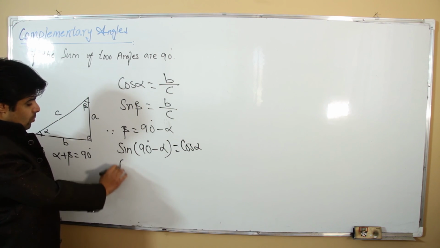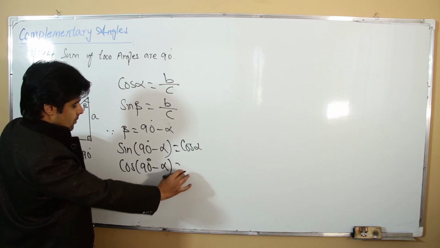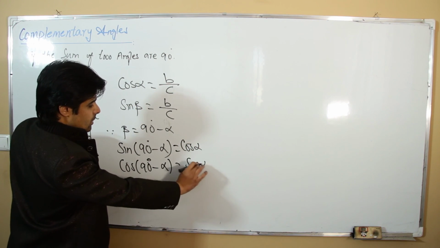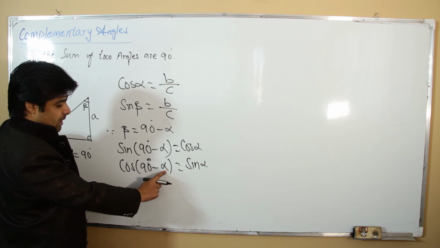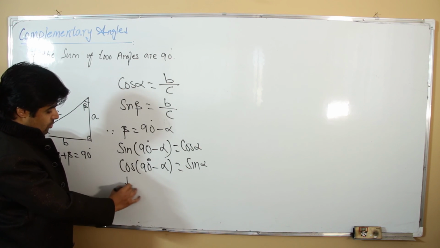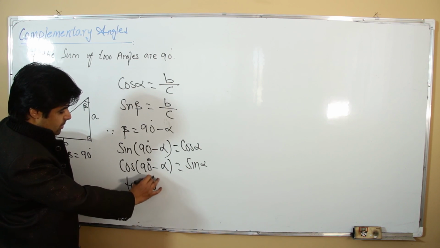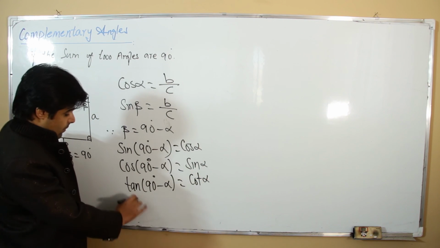If we talk about cosine of 90 minus alpha, it is equal to sine of alpha. Sine goes with cosine. And also tangent of 90 degrees minus alpha is equal to cotangent of alpha.